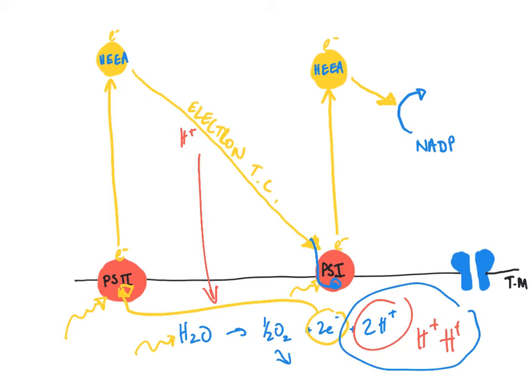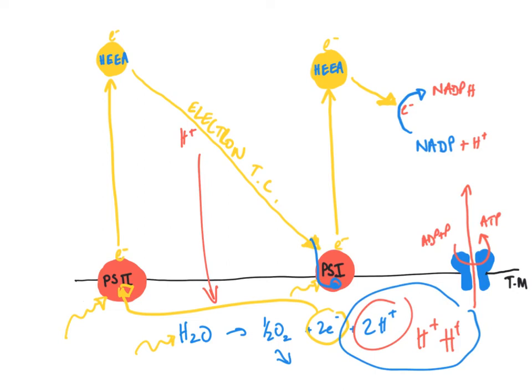And just like in respiration, as the hydrogen ions move through these special stalked particles, they rotate and ADP and P become ATP. Then the hydrogen ions and the electrons join together to form NADPH, or NADPH2, or NADP plus H. As with NAD, there are lots of different ways of writing this. And that summarizes the whole process of the light-dependent reactions.